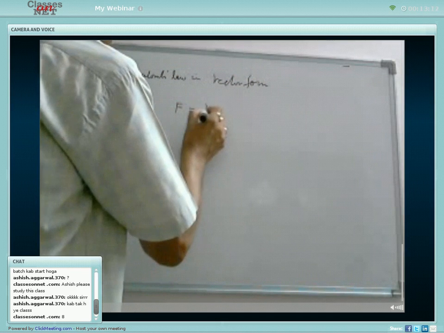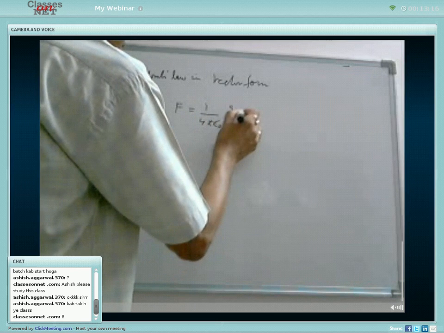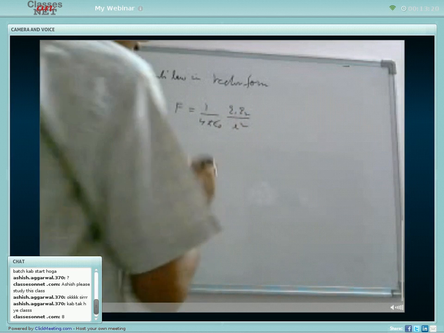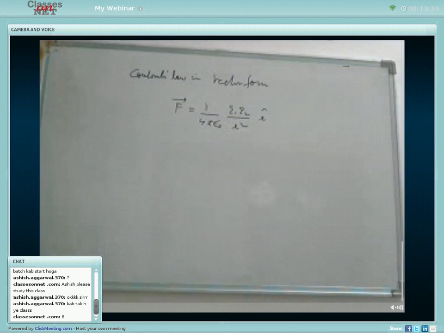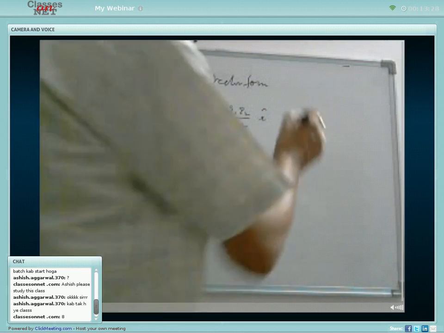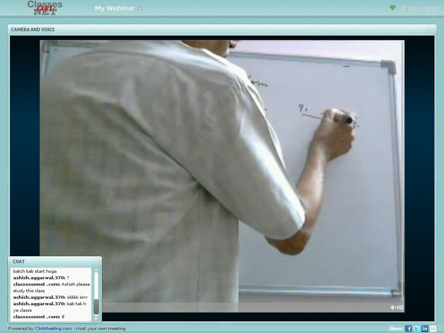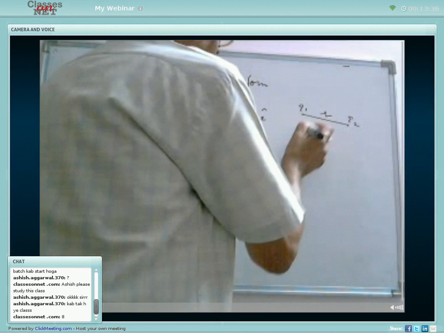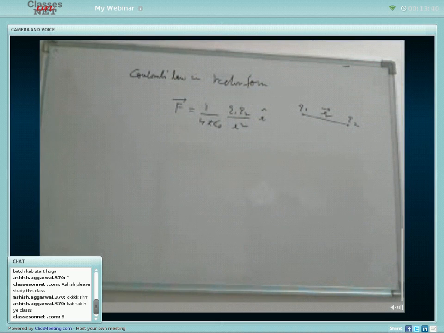So we can write the force between two charges in vector form as one by 4 pi epsilon, Q1 Q2 by r square, r cap. So this is Q1, this is Q2, this is r, the vector r from Q1 to Q2.